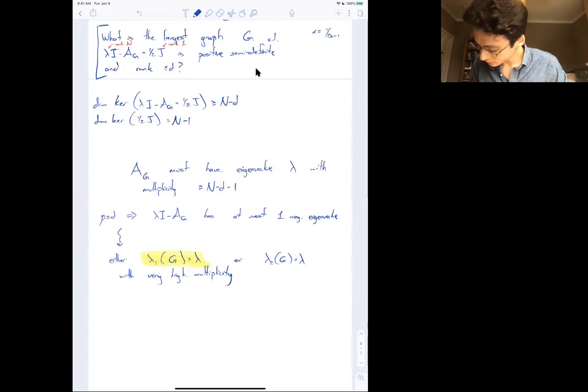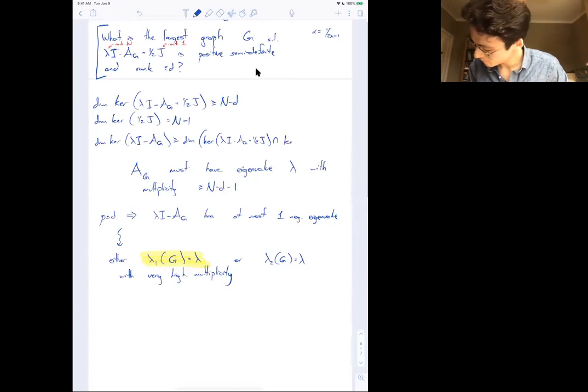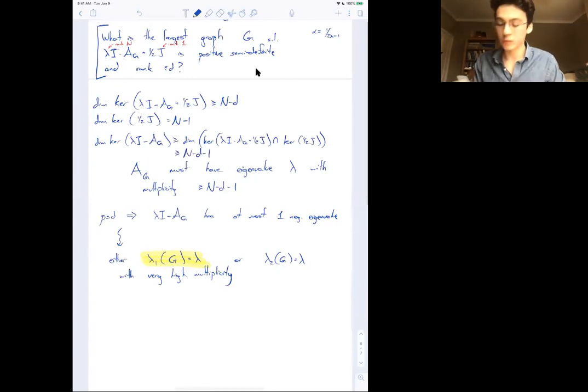So the dimension of the kernel of lambda I minus A_G is at least the dimension of the intersection of the two kernels, which I can lower bound by n minus d minus 1, just adding the codimensions.